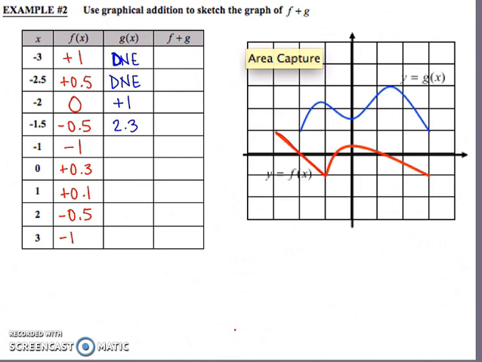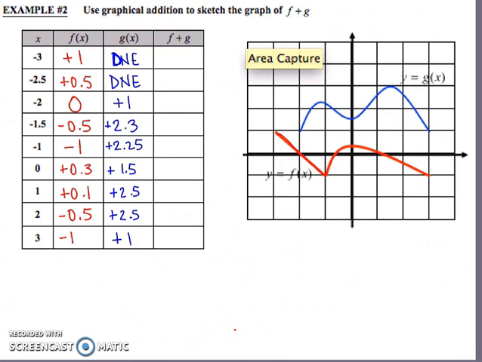When x is -1, the blue function is at about 2.25. When x is 0, the blue function is at 1.5. When x is 1, we're at about 2.5. When x is 2, again, we're at 2.5. And then when x is 3, we're at about +1.